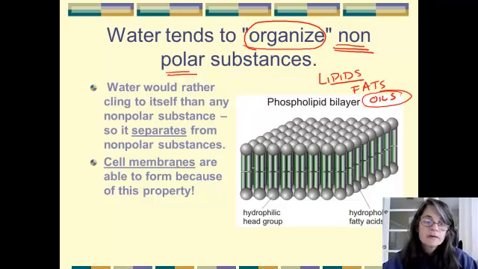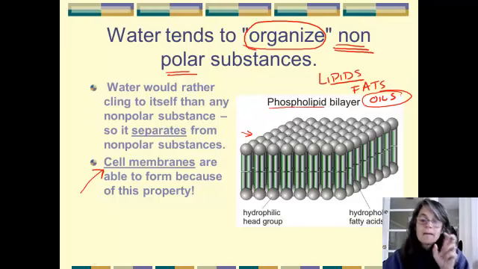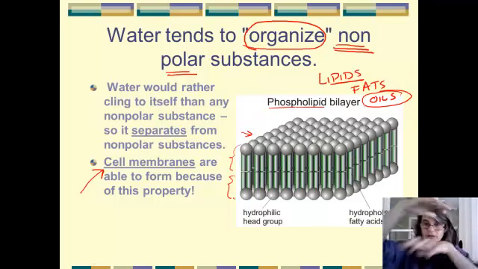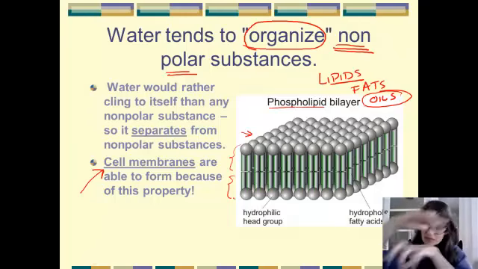Why is that important? Because as we'll see later on, cell membranes are made of kind of fatty substances called phospholipids, and you don't need to remember that. But because of the way water acts when in the presence of phospholipids, we can create cells. Our cells are created by that interaction. Water will kind of push the phospholipids, the non-polar molecules, into little packets that make cells.